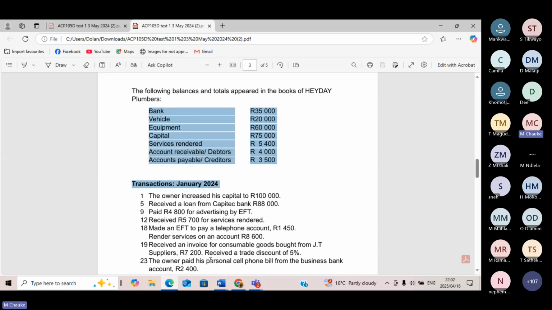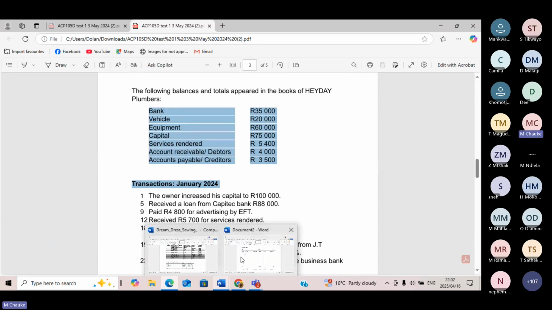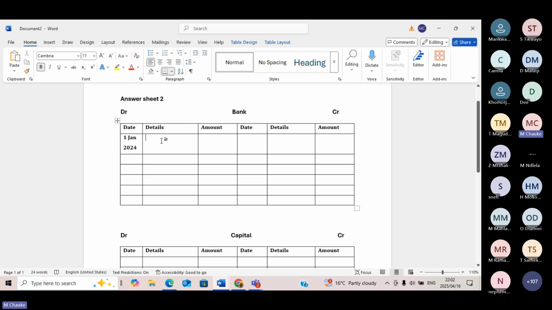When you go into the bank account in the sheet there, it's going to be balance carried down, balance brought down, right?